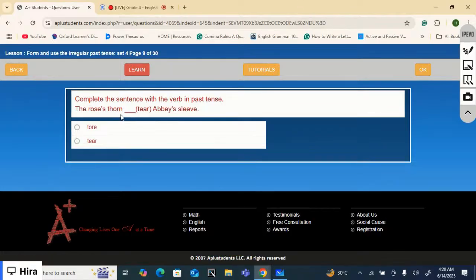The rose's thorn, blank, Abby's sleeve. Tear. Tear is the verb. What is the past tense verb? Tore or tear?